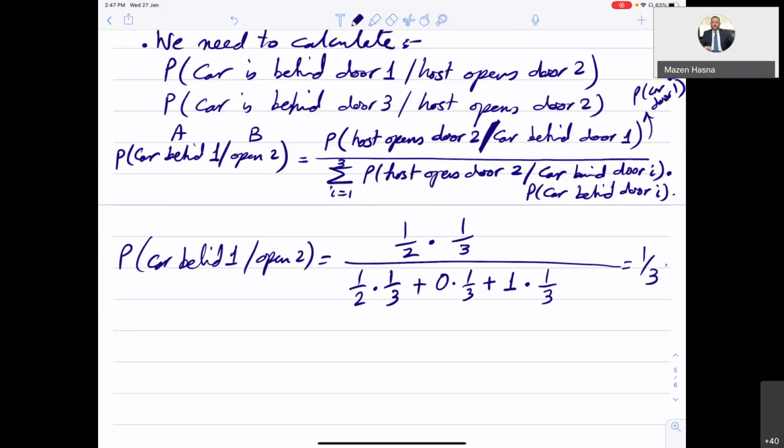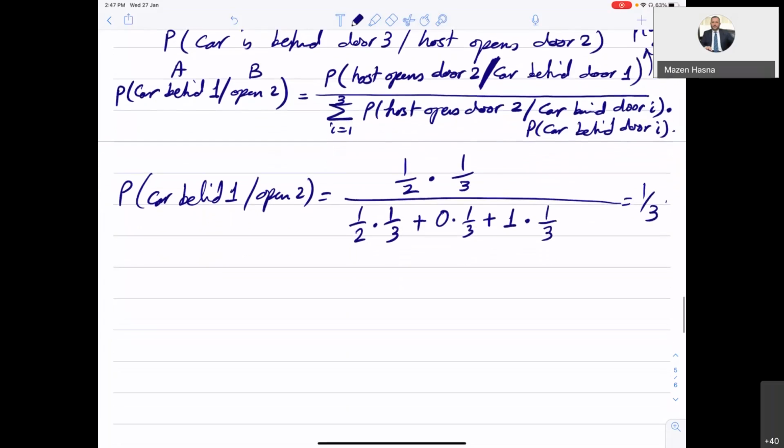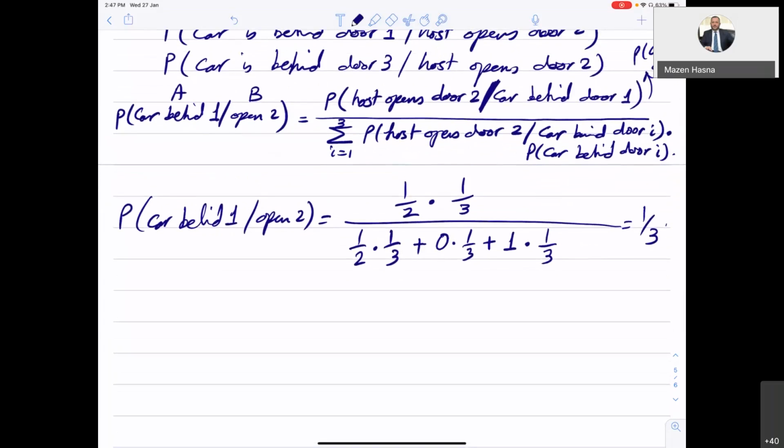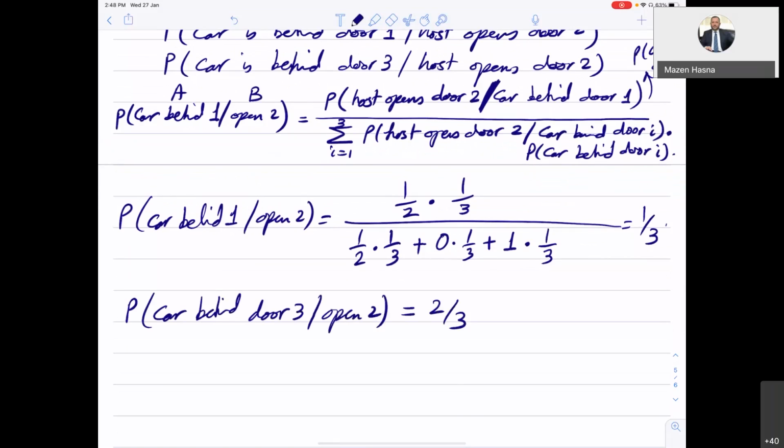So the probability that the car is behind door 1, given that he opens door 2, is just 1/3. I will not spend time calculating it all; I know this is not that easy, and this is a famous math problem that people still challenge. But if you calculate the probability of the car behind door 3, given that he opens 2, you will find that it's 2/3.